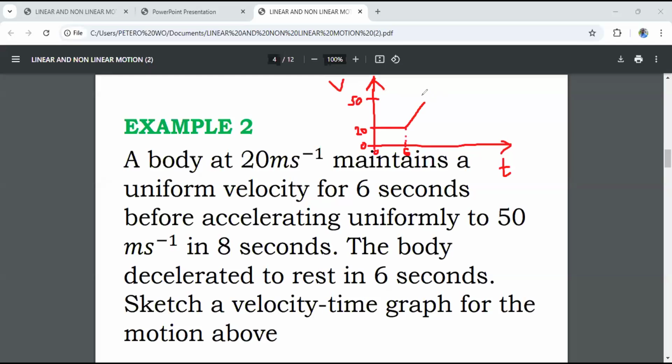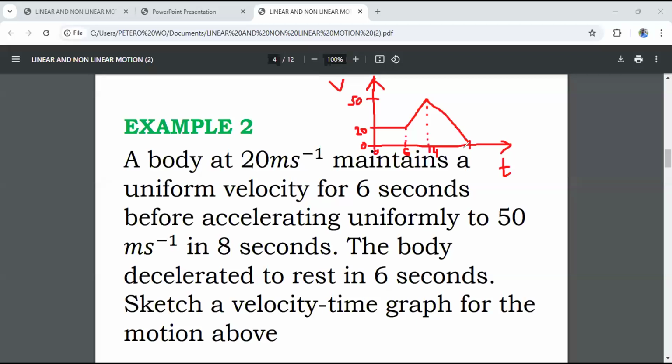Now, acceleration has taken 8 seconds. So what we have here is 6 plus the 8 seconds, which is 14. And then later we have deceleration. And deceleration is for 6 seconds.